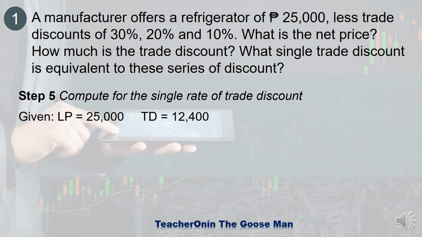Next, we want to find out also the single rate of the trade discount. The list price is 25,000 pesos, while the trade discount is 12,400 pesos. In order to find the discount rate, let's recall that trade discount over the list price is equal to discount rate.